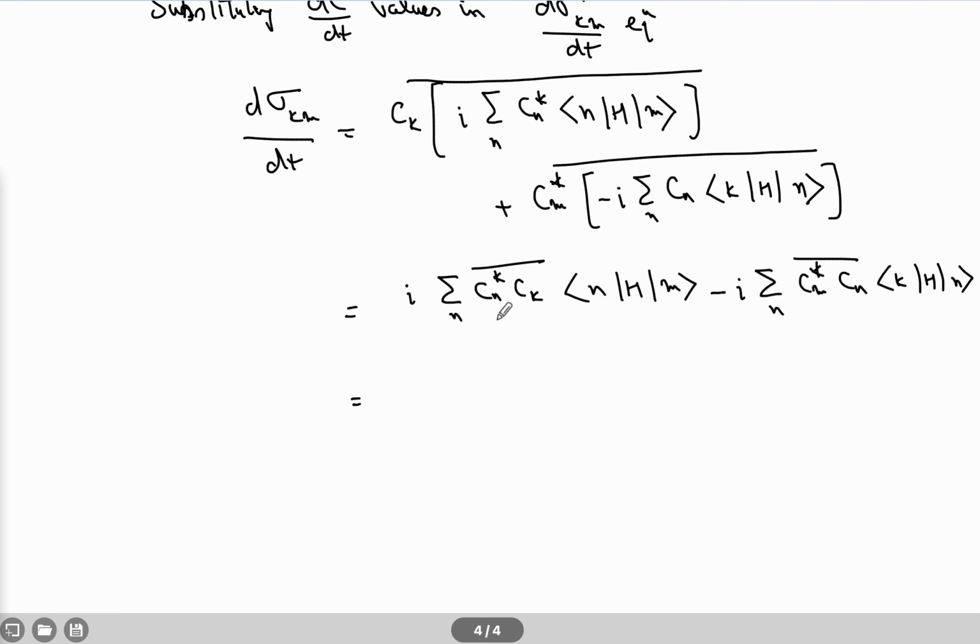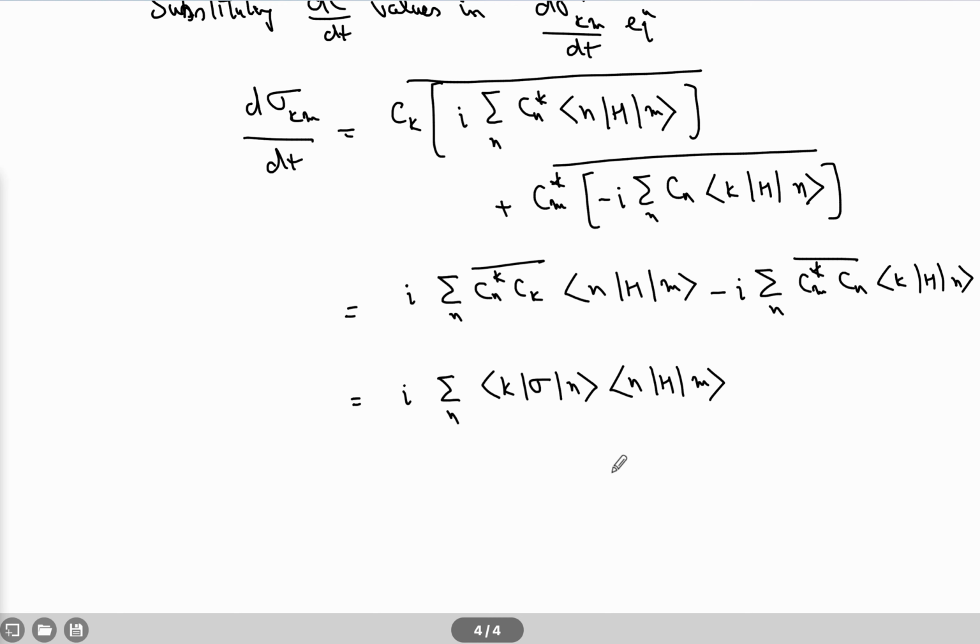Okay, so what do we have here? You can appreciate the fact that this is nothing but the density matrix element. So I will write i sigma_n, this can be written as bra k sigma ket n, and this is bra n h ket m, right?